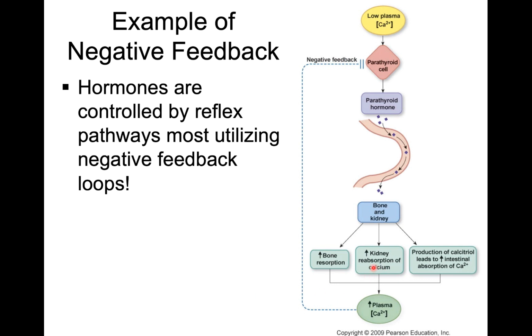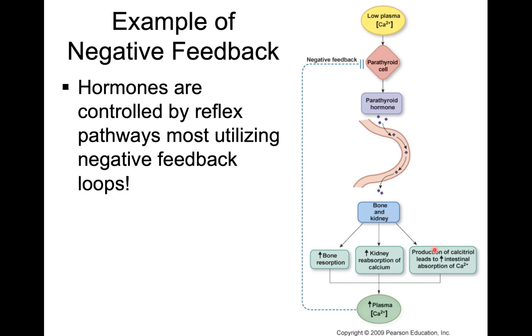It also increases the reabsorption of calcium. Let me pause here for a moment. This word and this word are not the same word. Resorption means breakdown. Reabsorption means to absorb it back into the blood, back into the body. So take calcium from the nephron and put it back into your body.